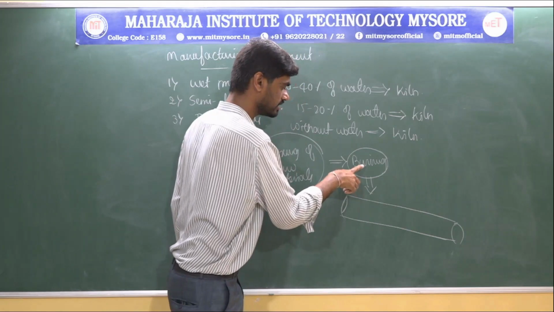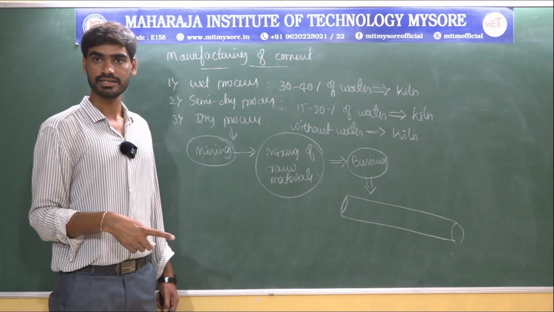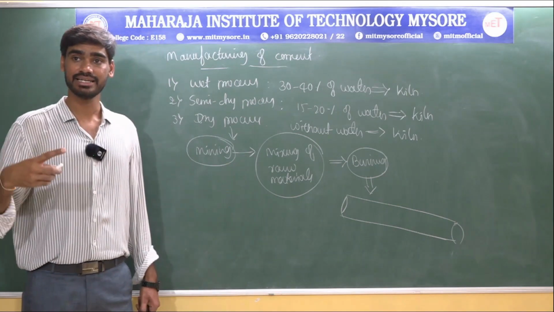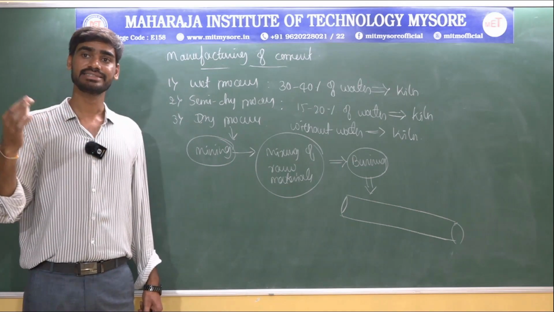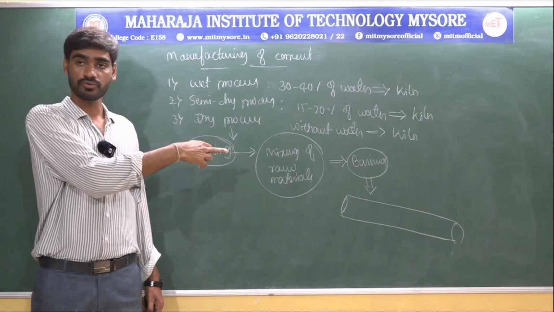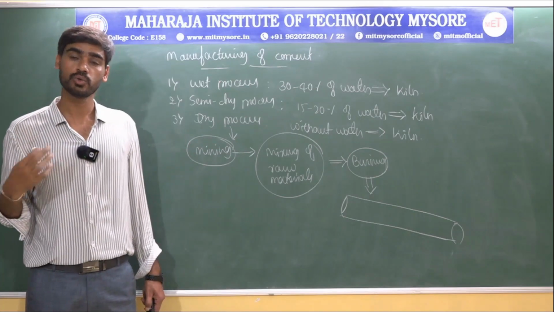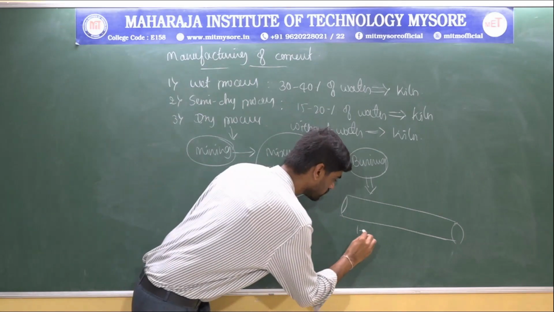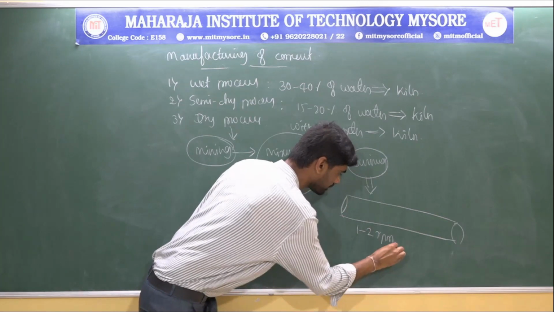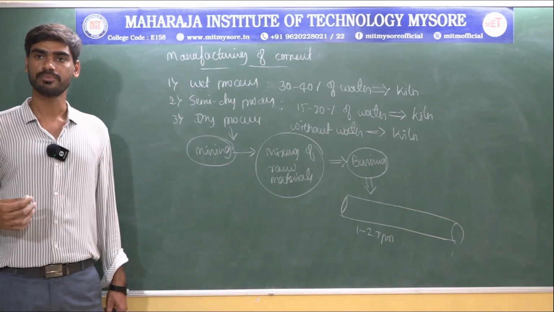It is a rotating kiln that burns the raw material as it spins on its longitudinal axis. The speed of the rotating kiln is about 1 to 2 rpm.